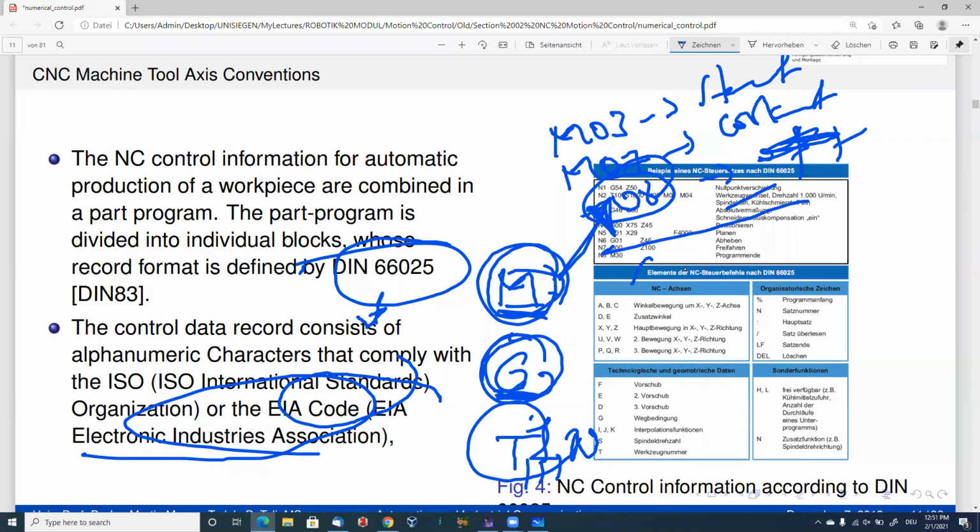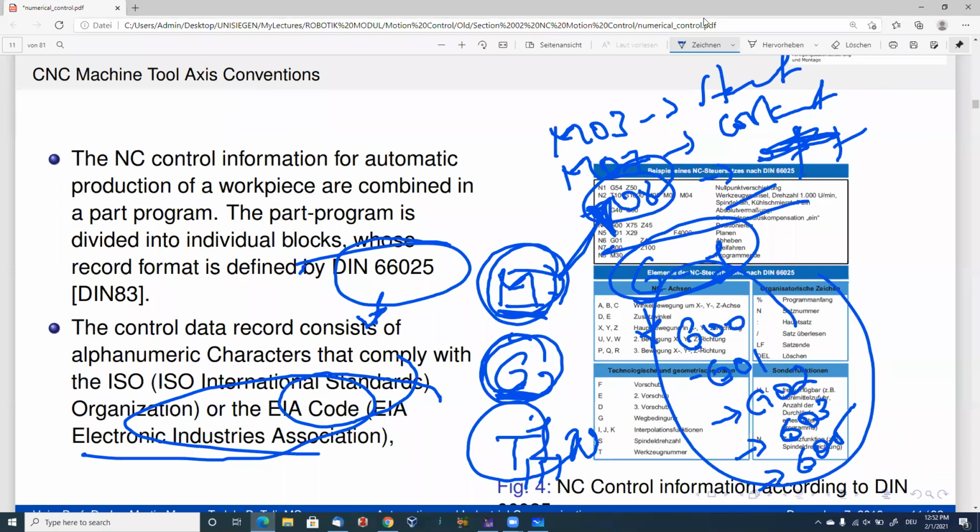The other is about the G function. In the G, you have preparatory functions. For example, go rapid, move linear, move circular clockwise, move circular counterclockwise, move spline motion, something like this. So you have this kind of preparatory functions.